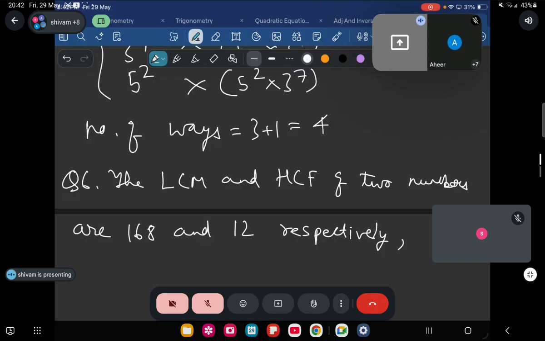If their difference is 60, find their sum. Okay, last problem. Okay, quickly solve.